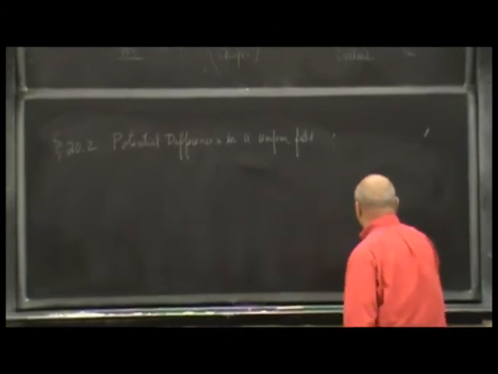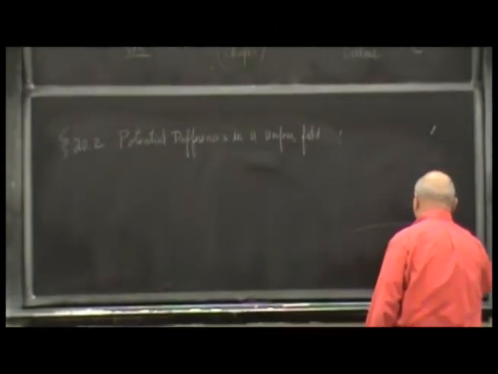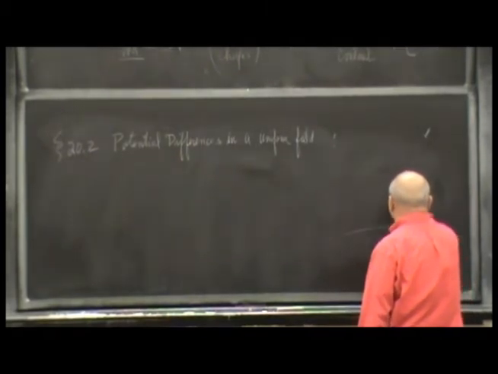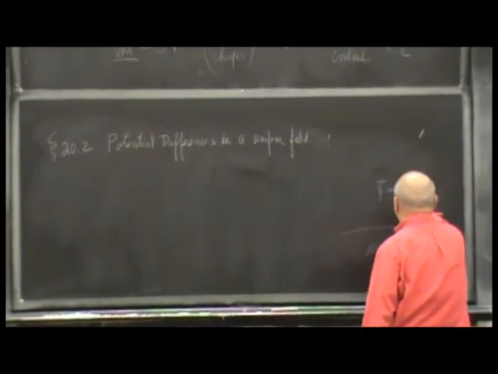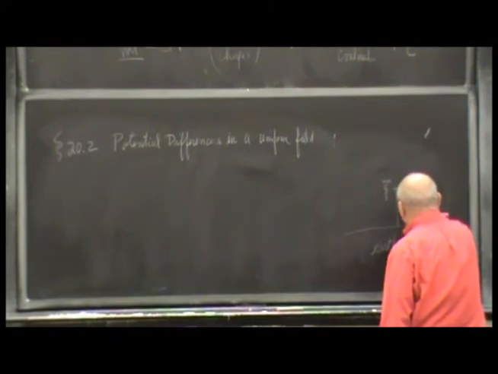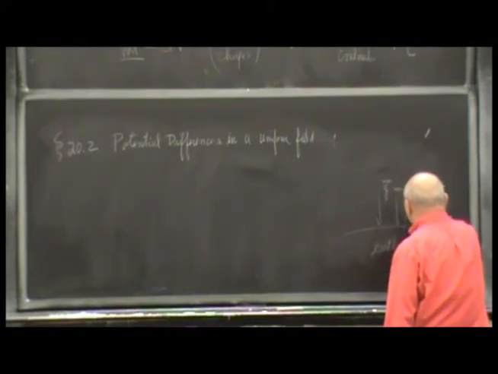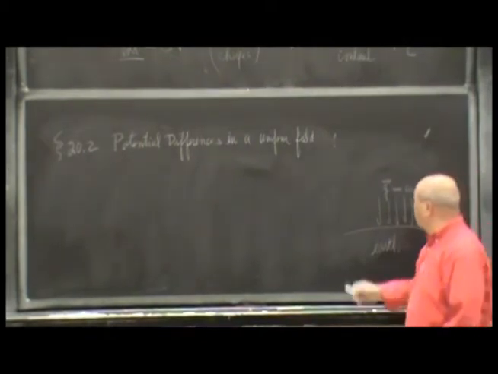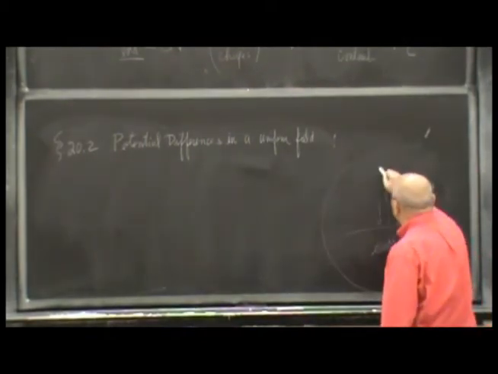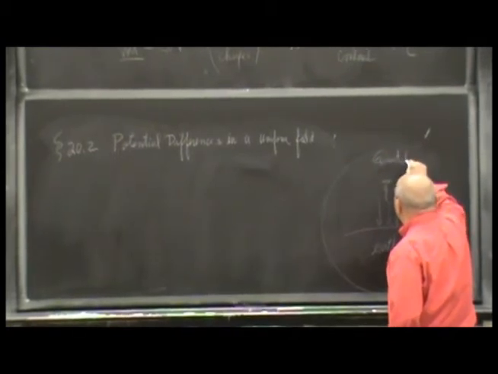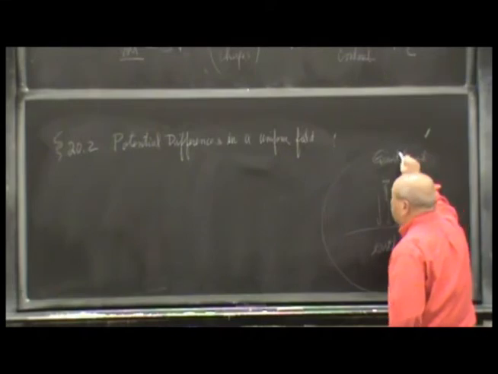For example, in a gravitational field, here is Earth, and here is g. By the way, g is constant. If all pointing in one direction, this is a gravitational field. The gravitational field close to Earth's surface is constant.